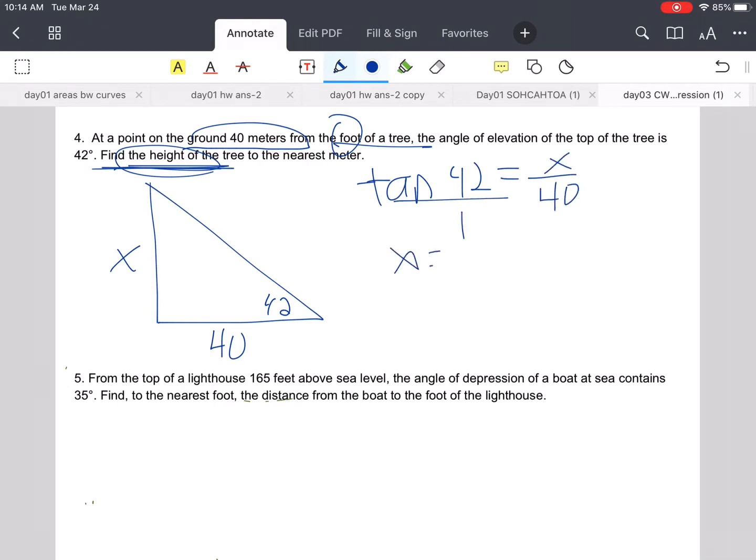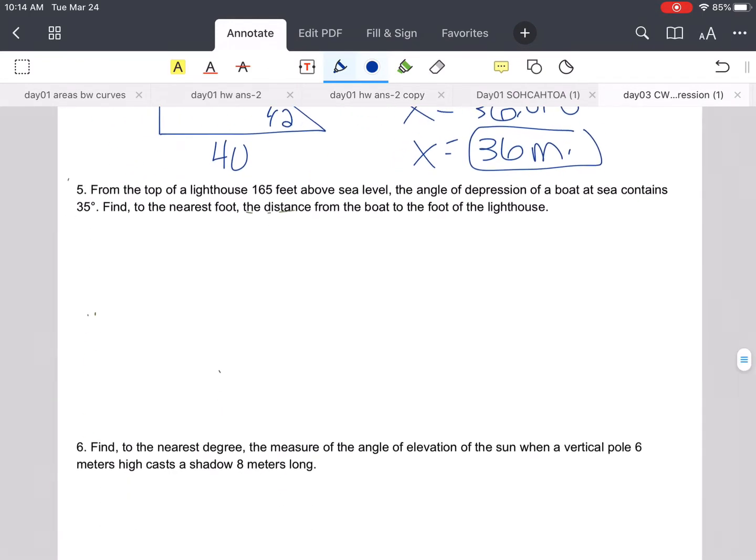So x is equal to 40 times the tan of 42, which is 36.016. So x is equal to 36 meters.